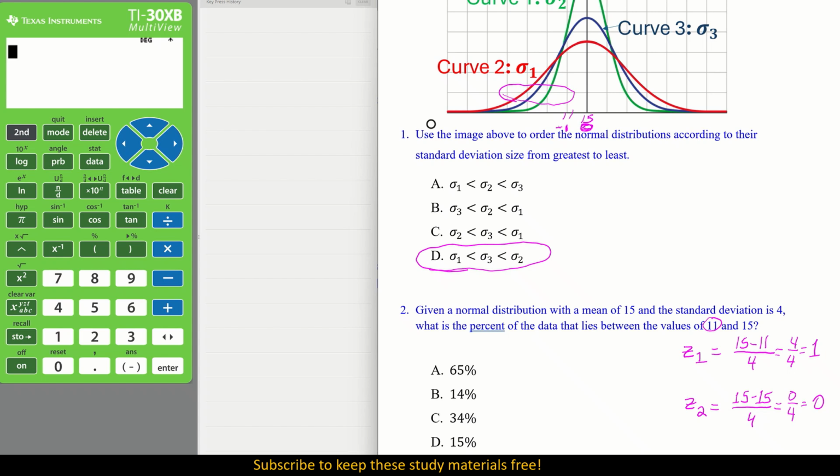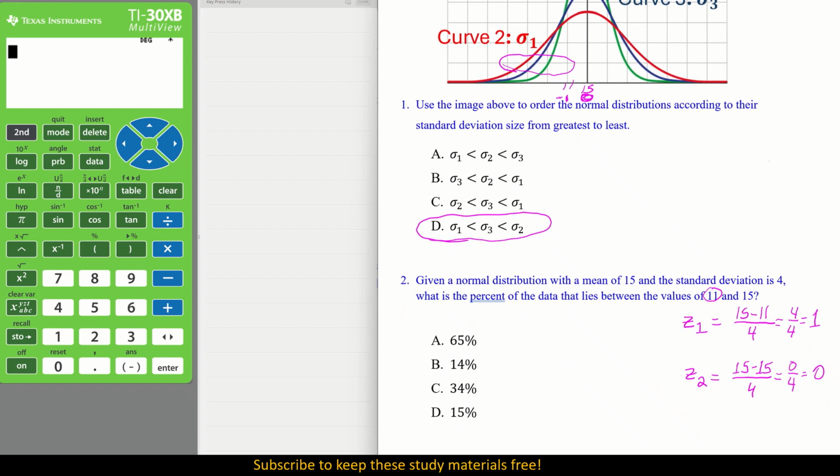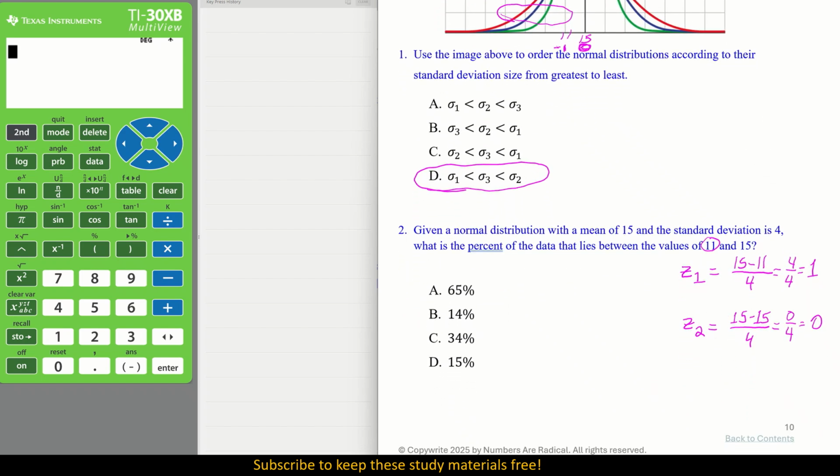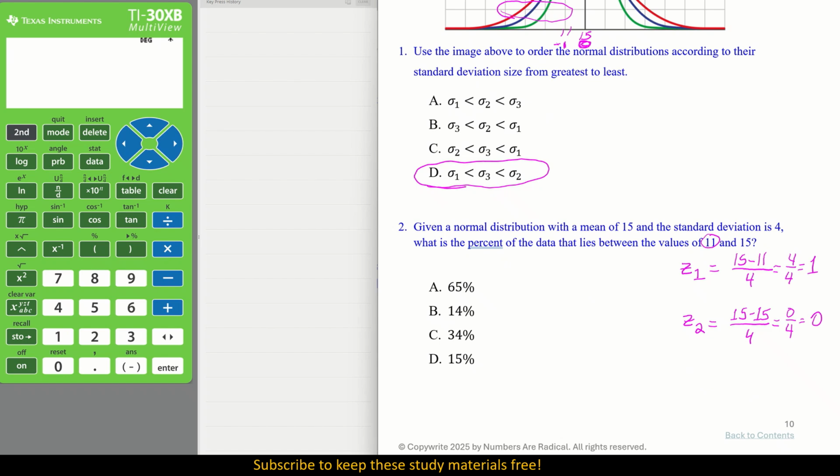That means we need to take into consideration that empirical rule. Pretend like I can draw, it's a big stretch, I know. That empirical rule meant that if we had this right here, that's one standard deviation either way.